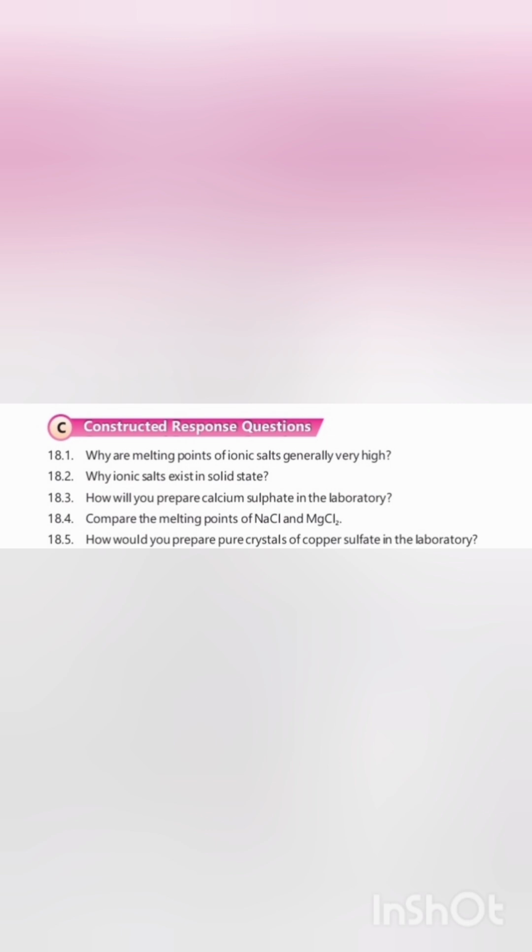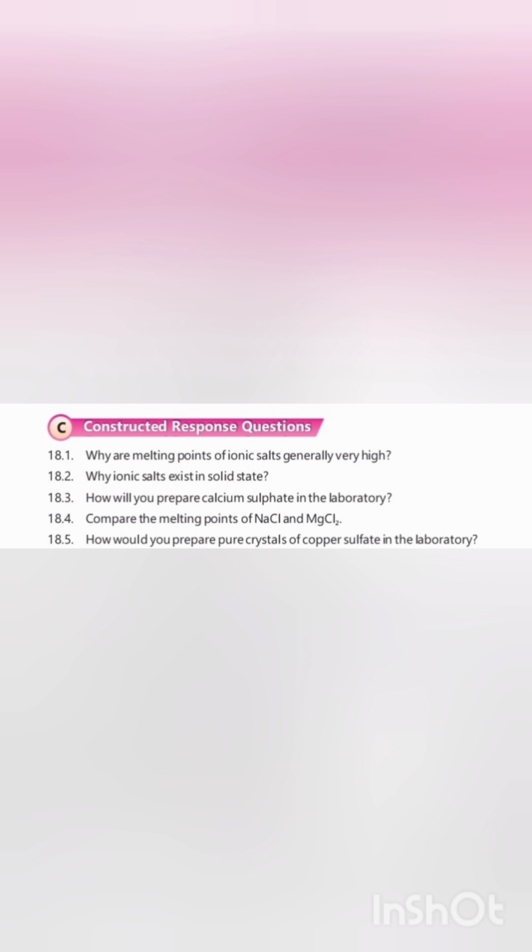The second question is, why do ionic salts exist in a solid state? As we already studied in the previous lecture, under ordinary conditions of temperature and pressure, the attractive electrostatic forces between the positive and negative ions are strong enough to completely lock the particles into fixed repeating positions. The key factor is that the thermal energy at room temperature is nowhere near enough to disrupt this tight ordered arrangement.